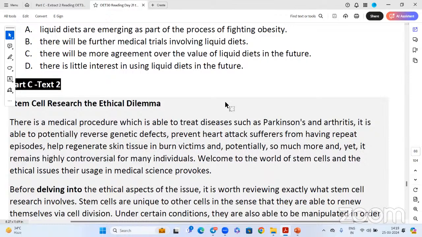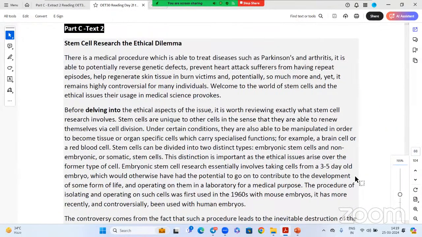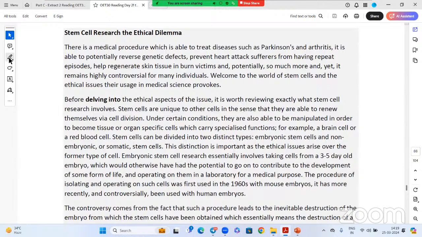So here it is. This is paragraph number 1.